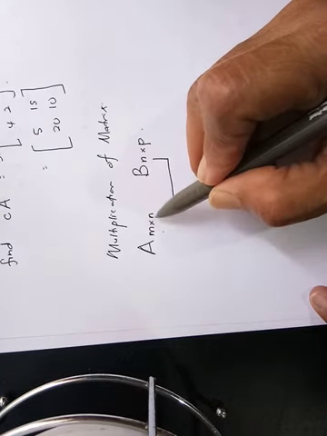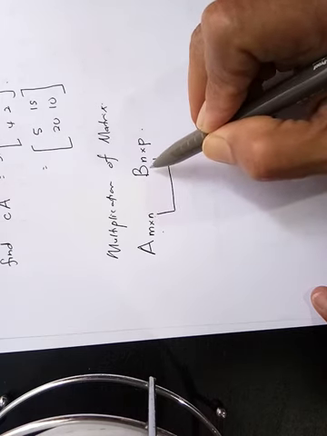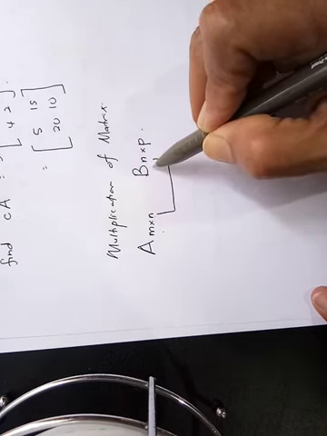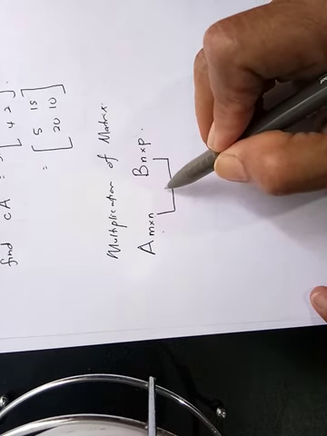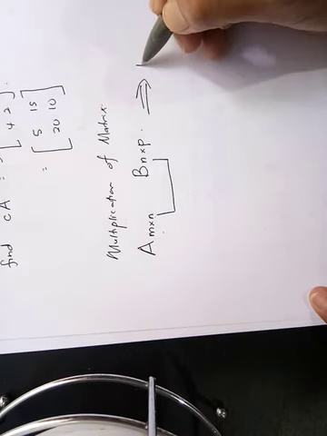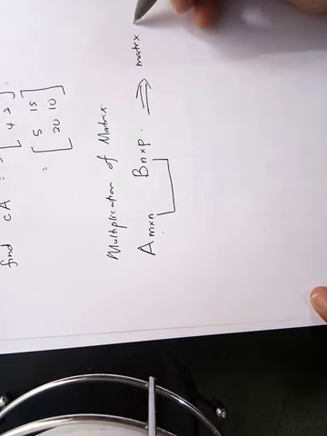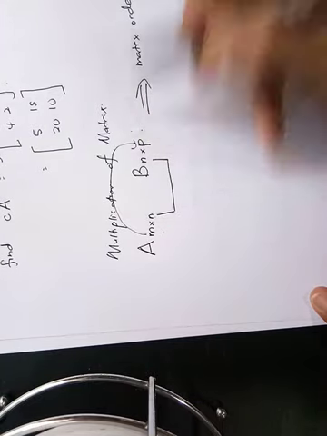The number of columns in the first matrix must equal the number of rows in the second matrix. Then only we can perform multiplication. And the answer is a matrix of order m times p.